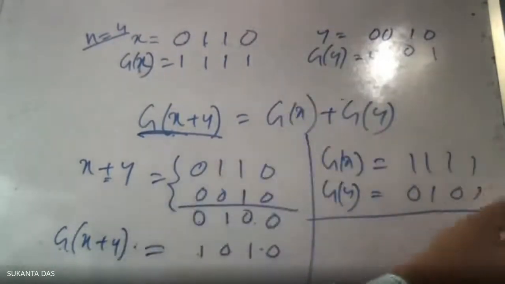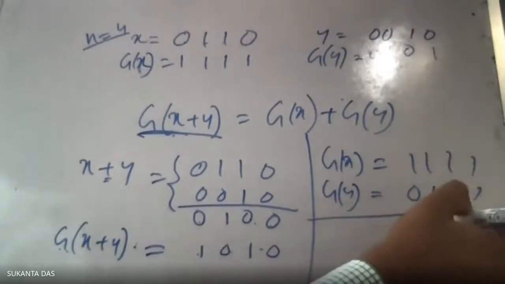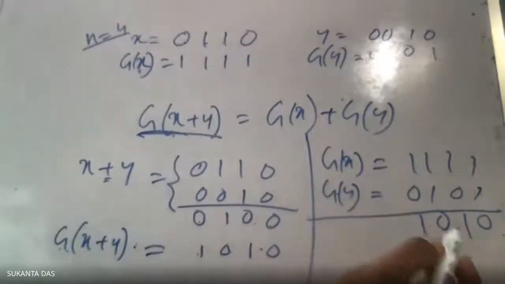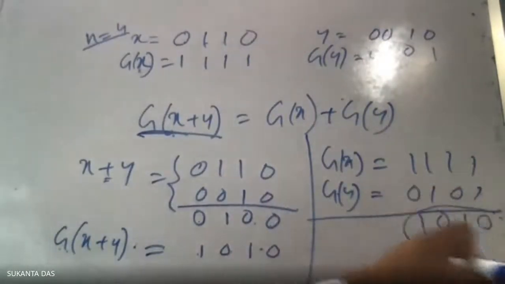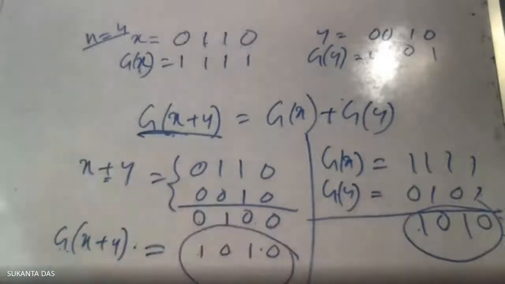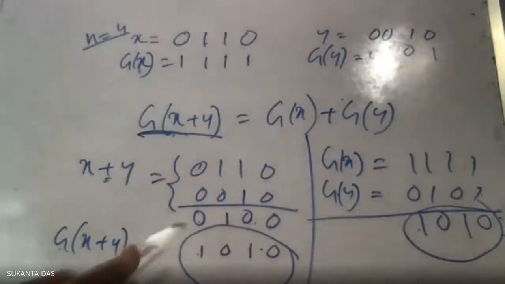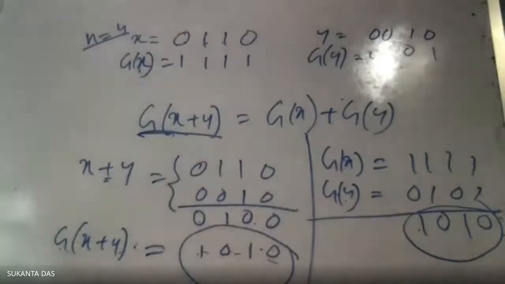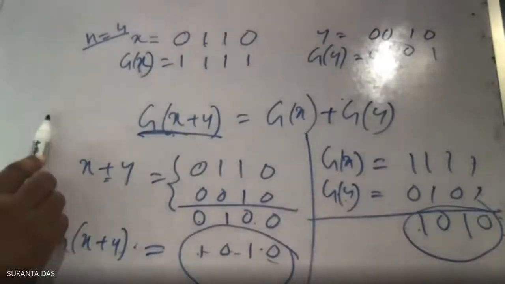Doing addition, I get gx plus gy as 1 0 1 0. Both are the same, so the first condition is satisfied.